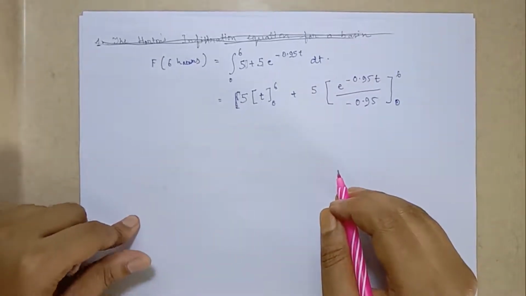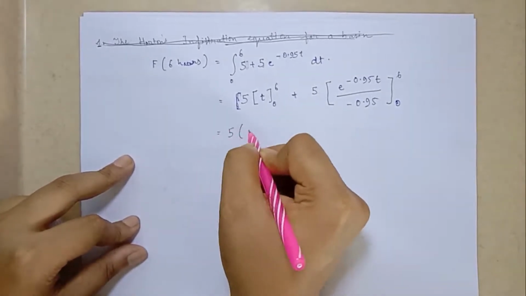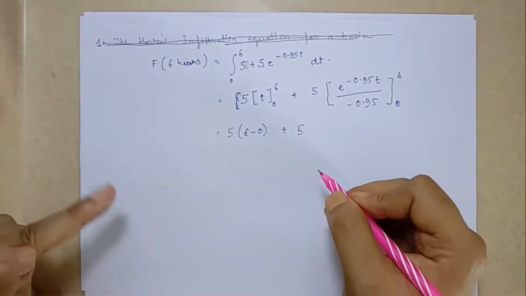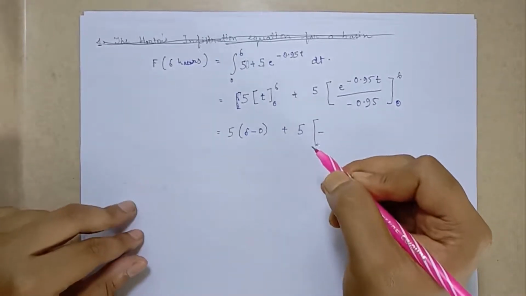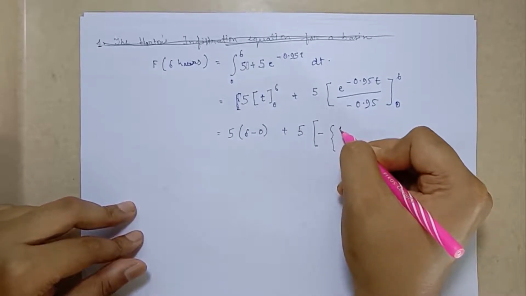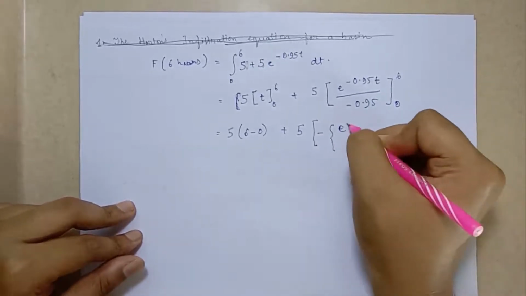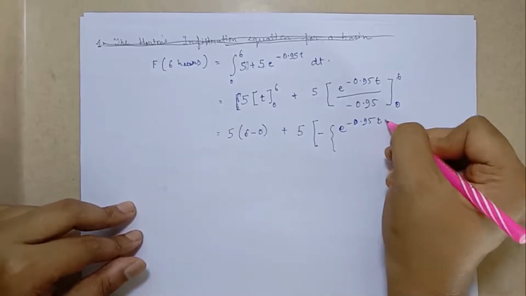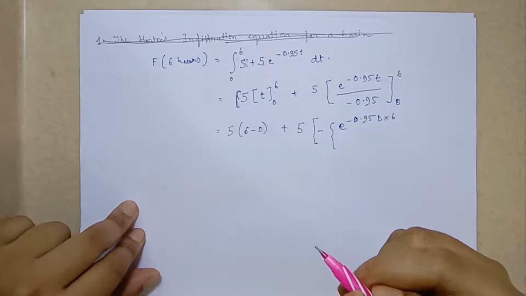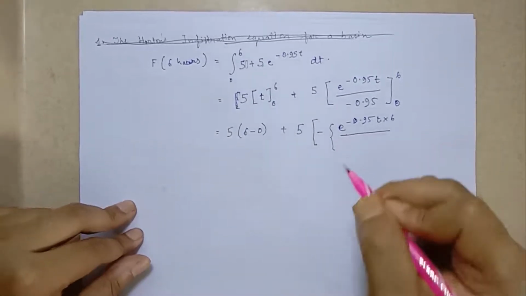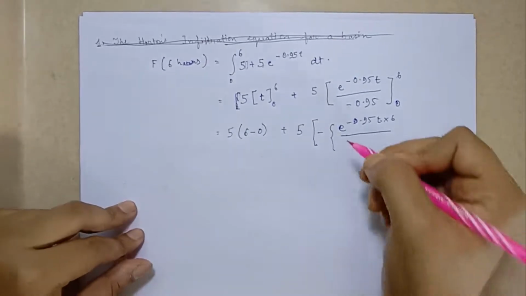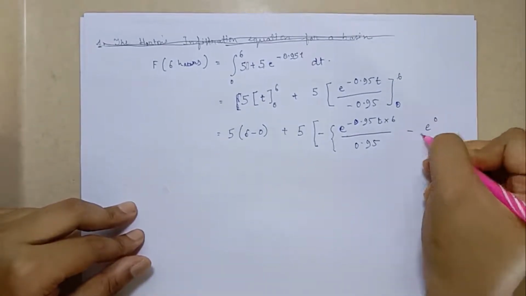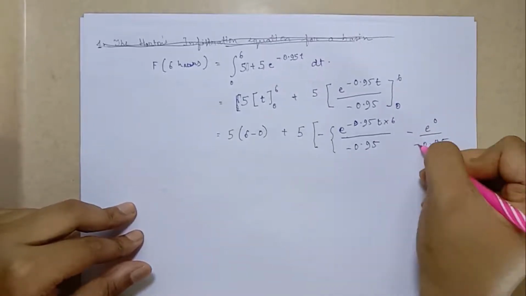This is the integration, and let's further simplify this. It is 5 times (6 minus 0) plus 5, the minus comes out, times e to the power minus 0.95 times 6 divided by 0.95 minus e to the power 0 divided by 0.95.